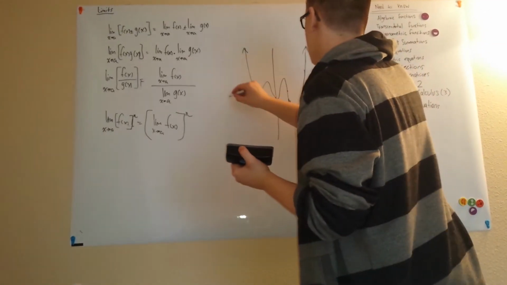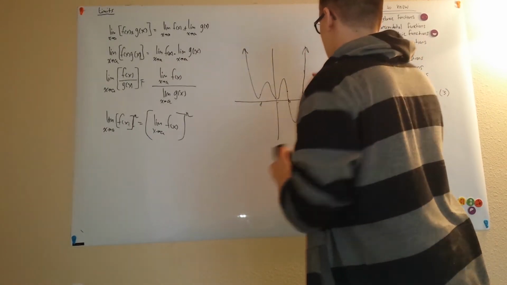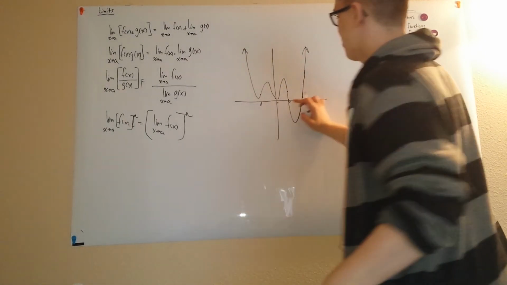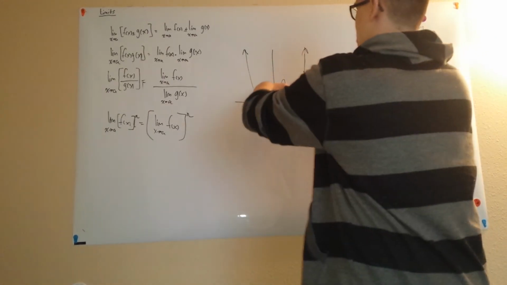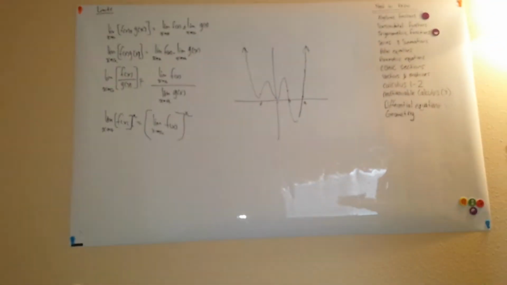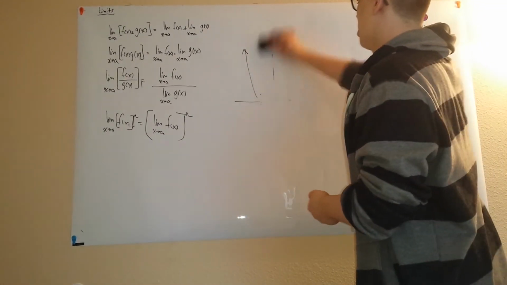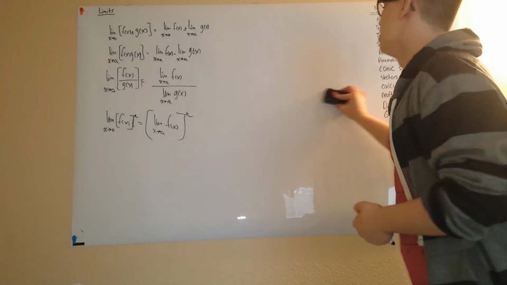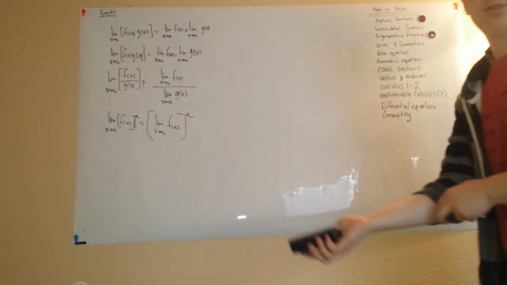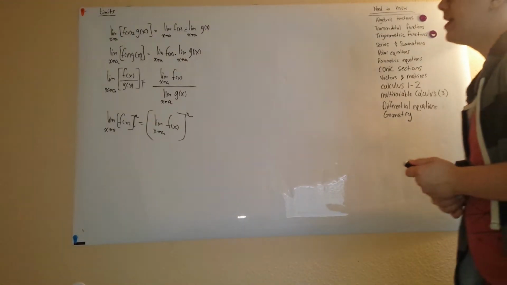If I had axes, this one would approach f of A, and that would approach f of B. They would always approach what their function gives out.